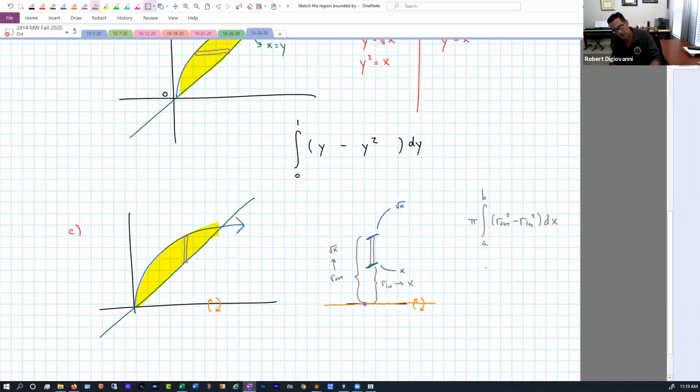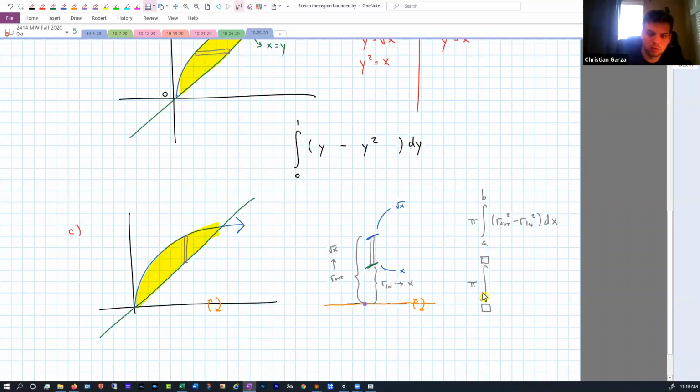Okay, so my integral should be pi. What are my limits of integration going to be? Square root of x squared minus x squared. I'm talking about the numbers here. Would it still be 0 and 1?